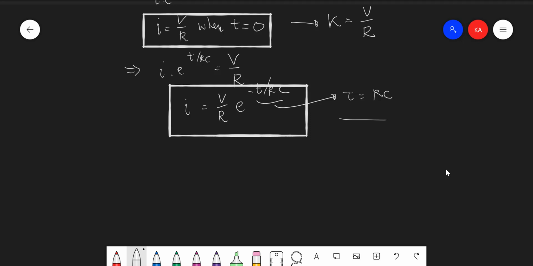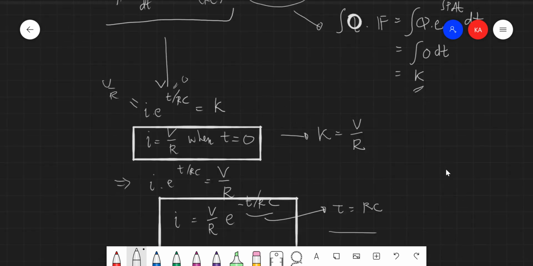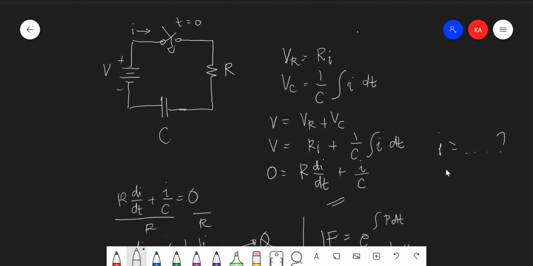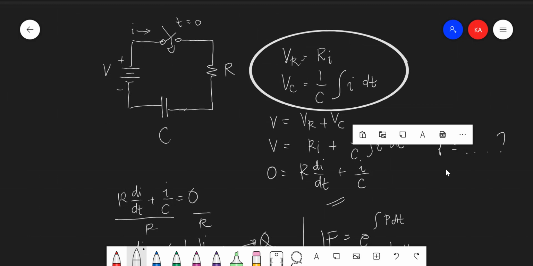If we apply this back to the first equation, we can see what the VR and VC are.